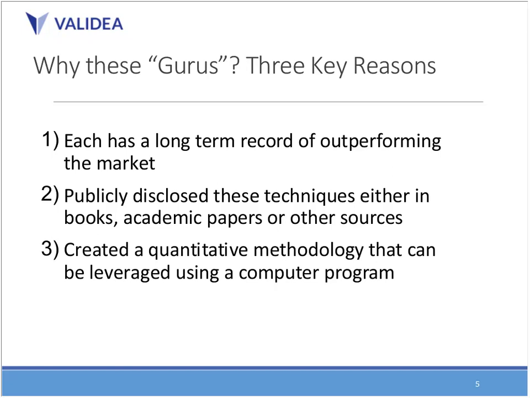Again, it isn't sufficient if somebody says, buy low PE stocks. How low is low? And what earnings do you use in the price-to-earnings ratio? For instance, as we'll discuss later, while price-to-earnings based on the trailing 12 months is popular, Benjamin Graham actually used the average of earnings over the past 3 years. So somebody had to be explicit enough in their descriptions in order to actually be implemented and followed.